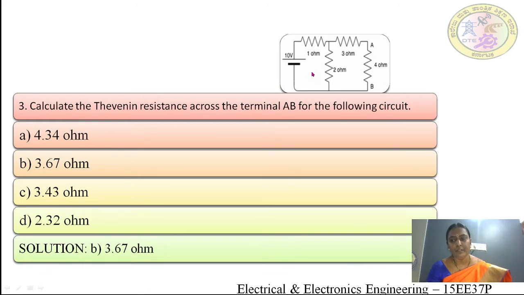The answer for 2 divided by 3 is 0.66. Added with 3 ohm, we get 3.67 as the answer.